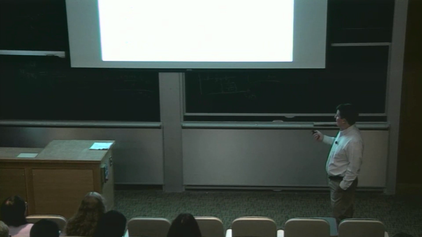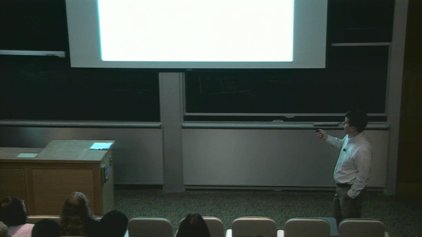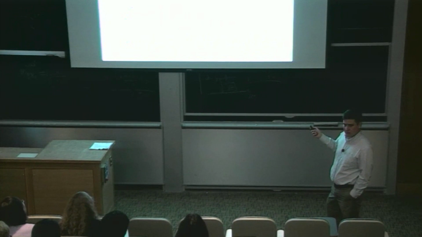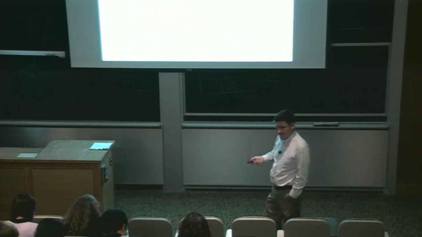What is the Newton-Raphson iteration, though? Can you write that down? What is the Newton-Raphson iteration? That's the iterative map for this system of nonlinear equations, grad f equals 0. Can you work that out? What's that look like?